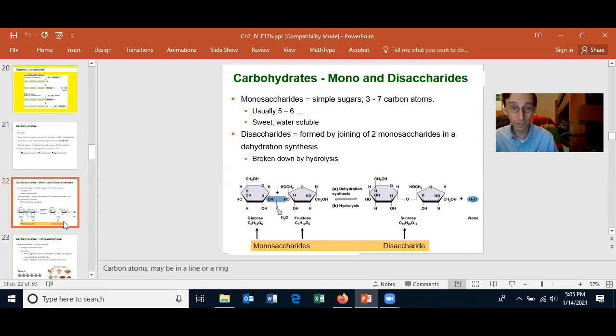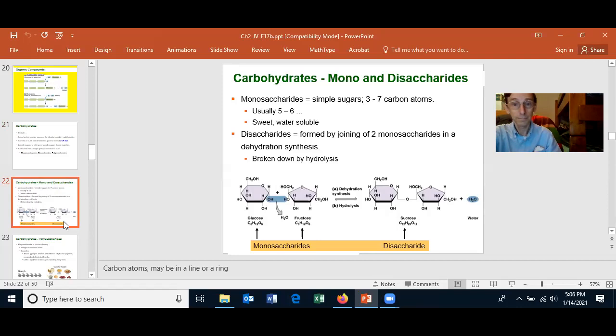Both of them have 6 carbon atoms. If you talk about ribose, it has 5 carbon atoms. Sugars are sweet molecules. They're molecules that dissolve in water, so we say they're water soluble. The monosaccharides are the simple sugars, 1 unit, and then the disaccharides are 2 of the monosaccharides that have combined together, or 2 sugar units.